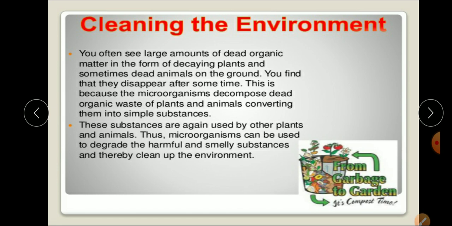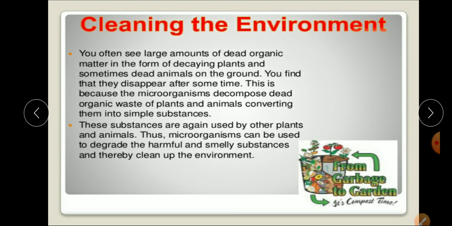Now you have seen, in waste disposal we used to put many things. Polythene bags we put, empty glasses, then broken bottles, and broken toys. These parts did not undergo any such changes.